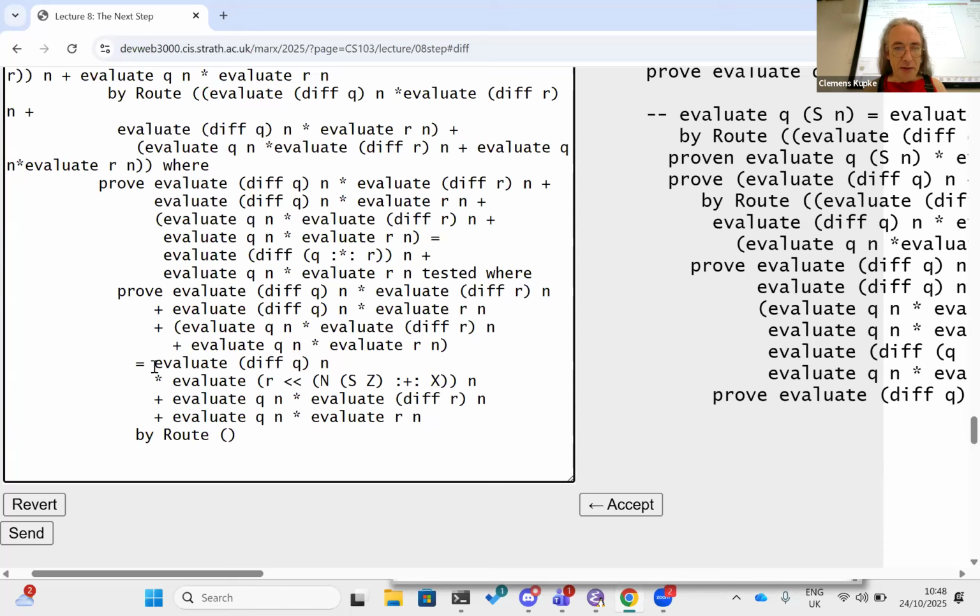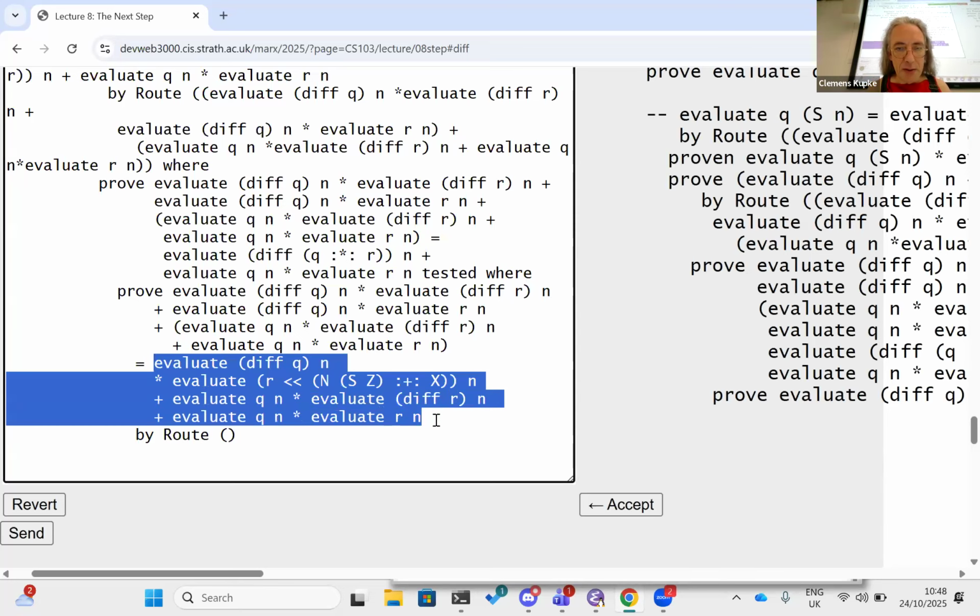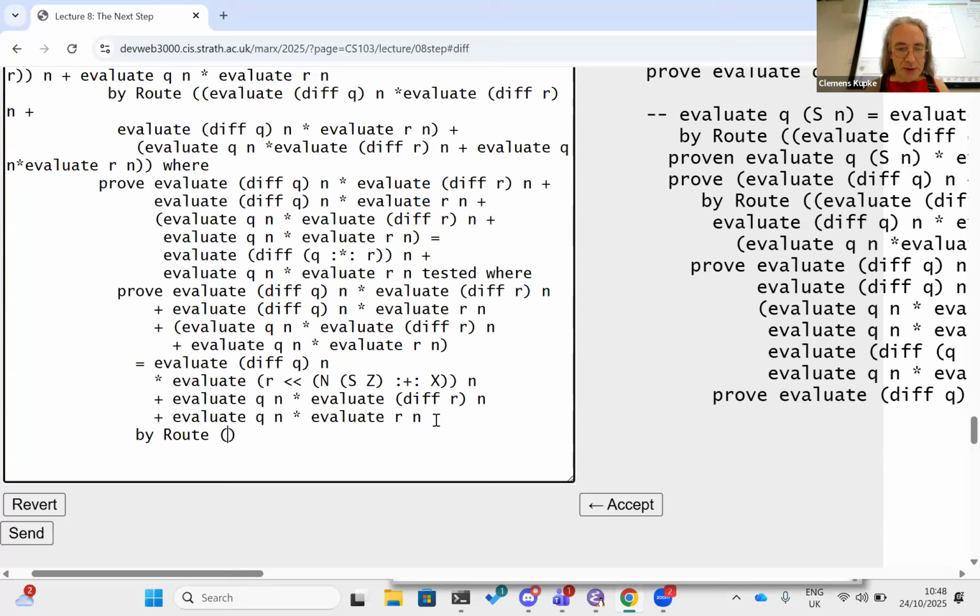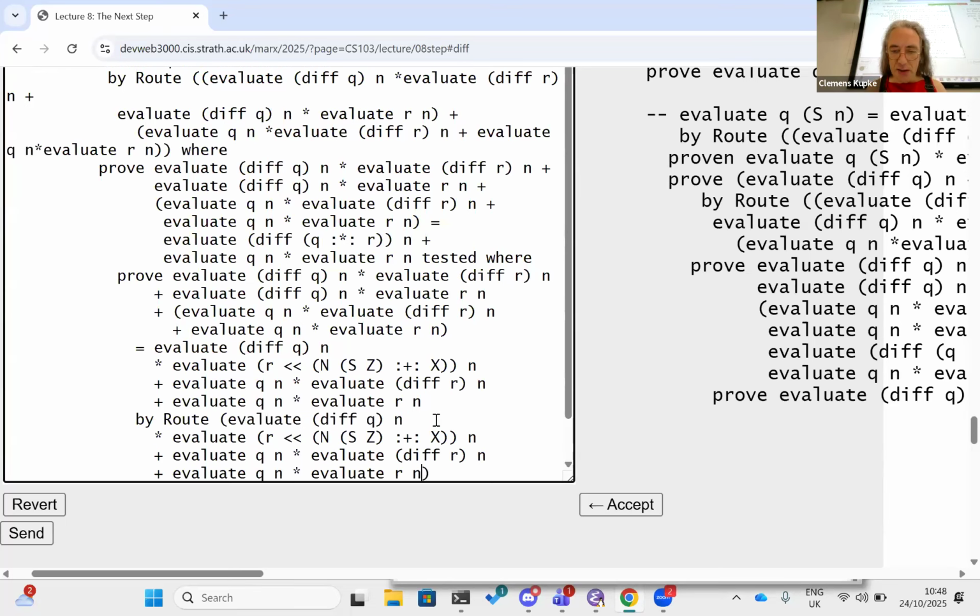All right, let me see if I can. Which side do you fix the bracketing? I'm going to adjust the right-hand side. Control C to copy, Control V to paste. And then I'm going to put an extra set of brackets in here.